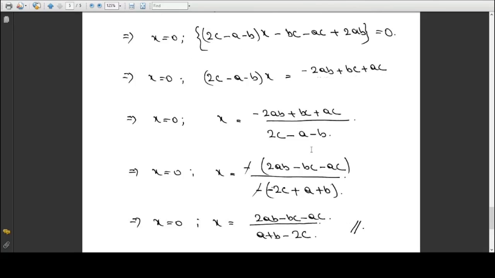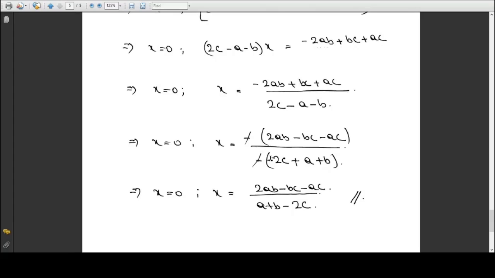I hope you are clear, or probably you will be very confused with this one, but you try to listen to it again and slowly you will be able to understand it. In all these three problems that we have just solved, the first thing is to take the LCM, isn't it?